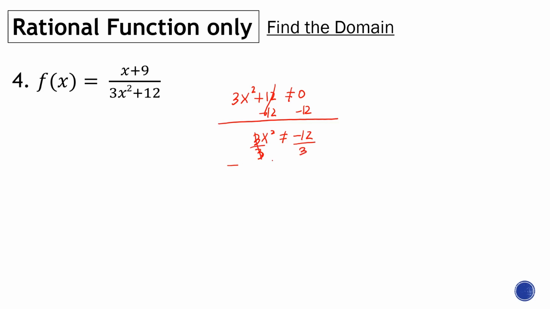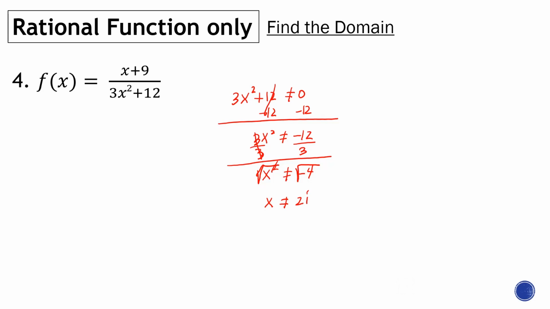So x squared cannot be equal to negative 4. Find the square root of both sides. So x cannot be equal to the square root of negative 4. If you use your calculator to find the square root of negative 4, it will result in an error, which means that here we're dealing with an imaginary number. Actually, the answer here is 2i.